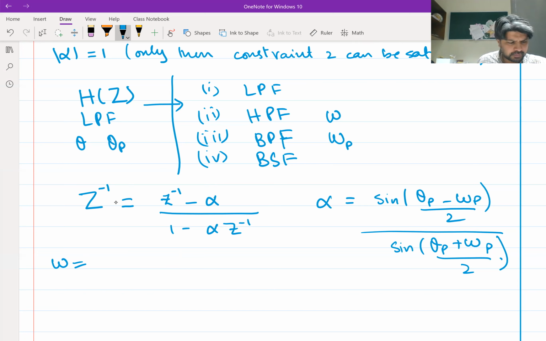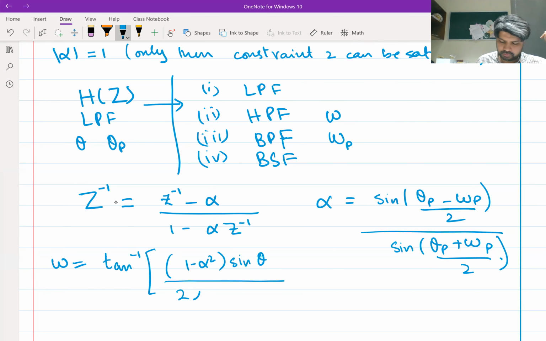So it is a half page derivation. You can find omega from these two, where omega is tangent inverse of 1 minus alpha squared sine theta divided by 2 alpha plus 1 plus alpha squared cosine of theta. Hence you have everything.